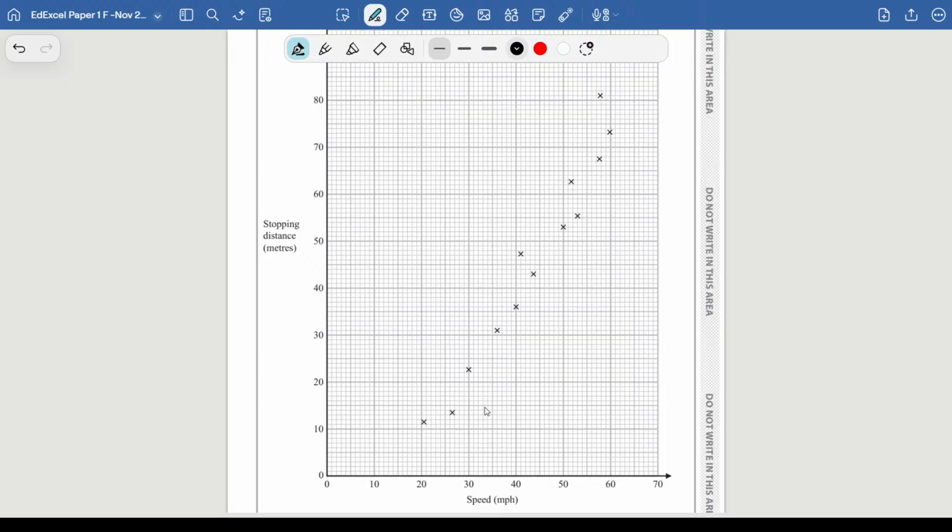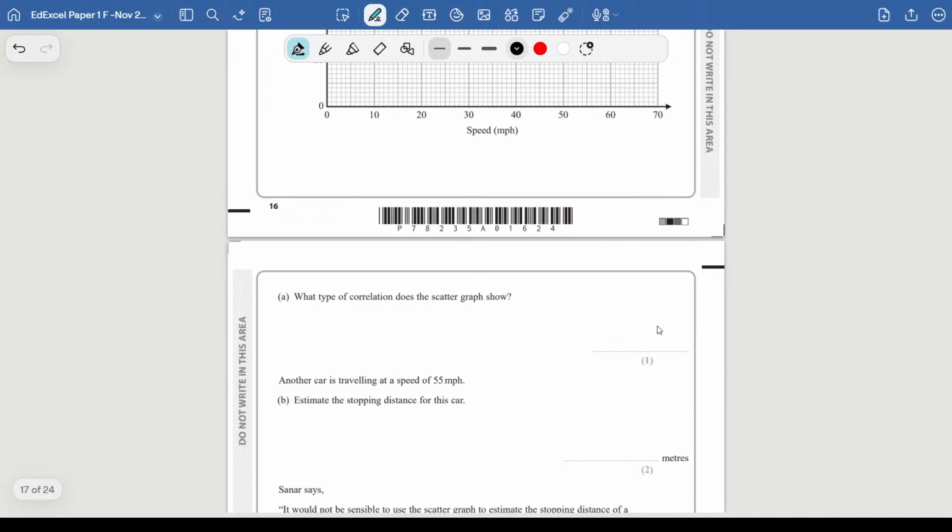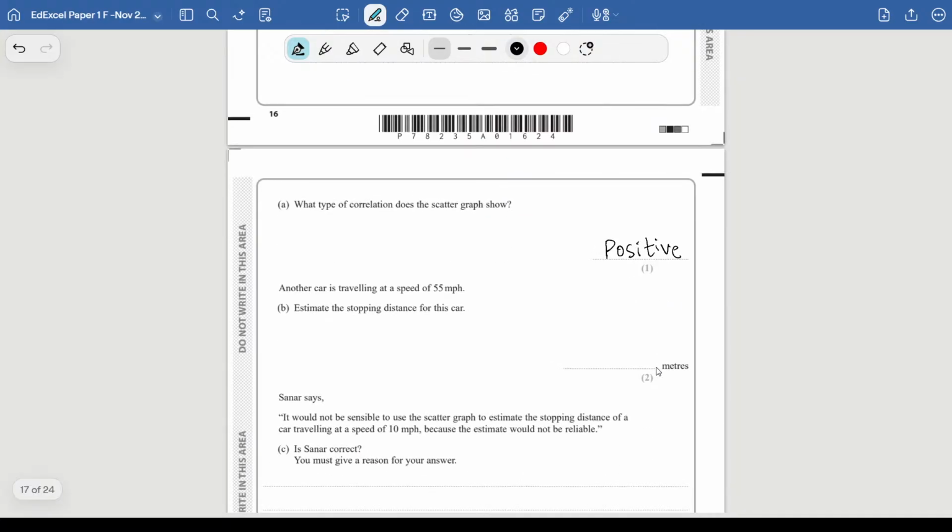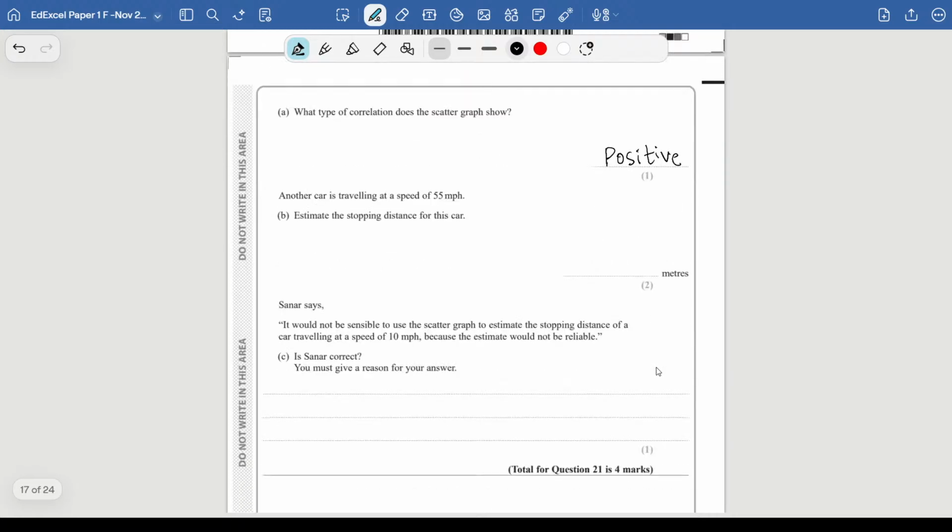If the speed increases, the stopping distance also gets larger. Most of the points are trending in this direction, so I would say the correlation is positive. If one variable increases, the other increases, it's a positive correlation. We can't say if it's a strong or weaker one, but we just mention it's positive.